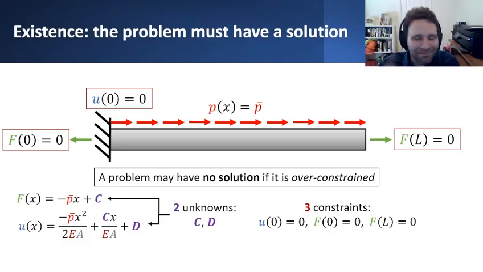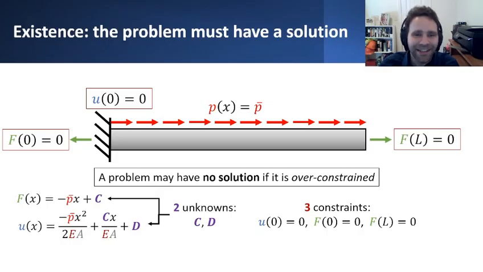That's just not possible. It doesn't make any kind of physical sense. And certainly the way that I prescribe this boundary condition, insisting that the internal force or the reaction force at the left-hand end of this member be equal to 0, completely violates the assumptions of equilibrium.